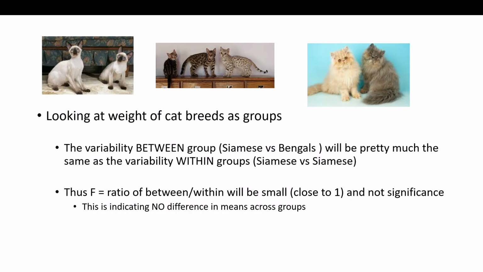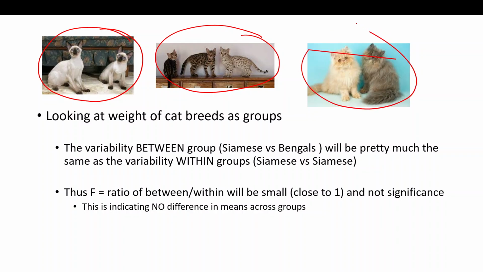In contrast, if we did cat breeds, yes, there are cat breeds. I don't have Siamese, I have Tonks, but they're kind of close. Unless you're doing super extreme cats, like the giant Savannahs and some miniature cats, your F ratio is probably not going to be significant, because between over within are both going to be about the same.